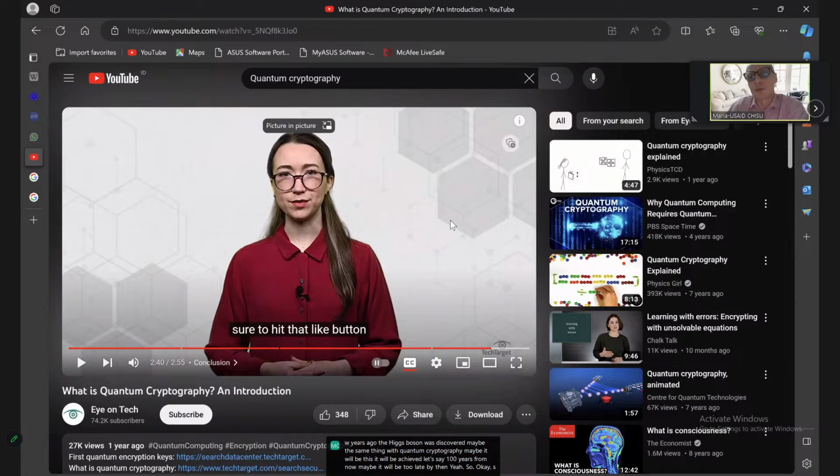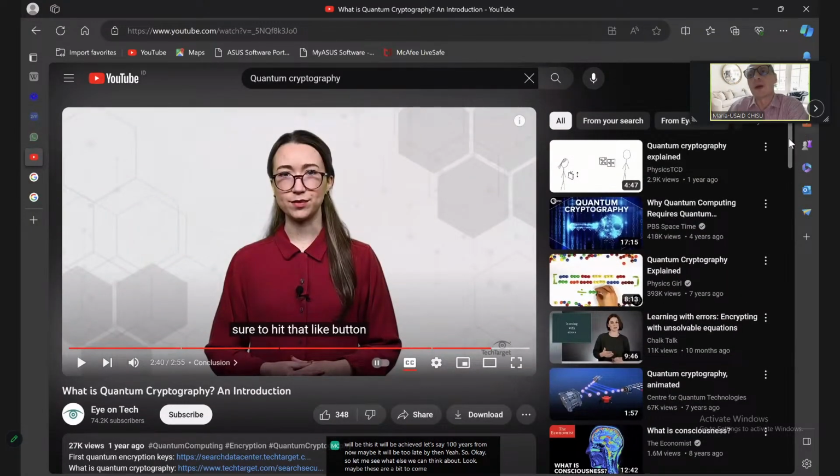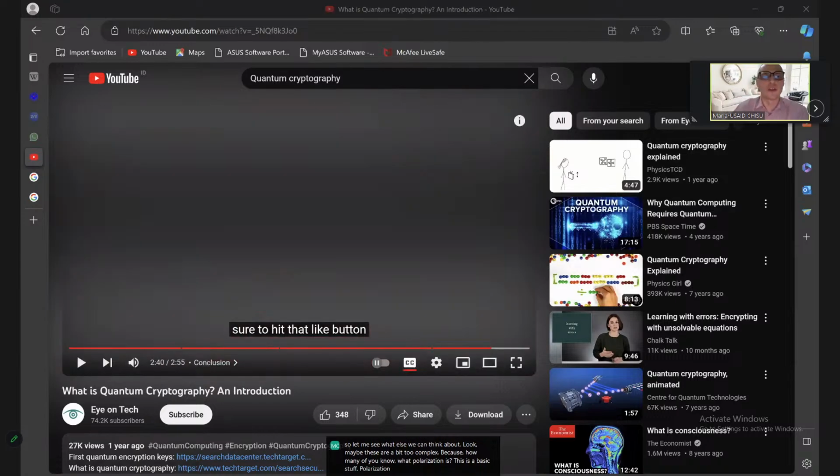Okay, so let me see what else we can think about. Look, maybe these are a bit too complex, because how many of you know what polarization is? This is basic stuff. Polarization, let's say, photon polarization.